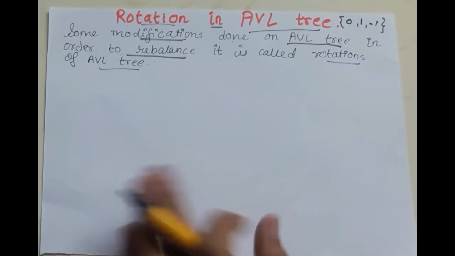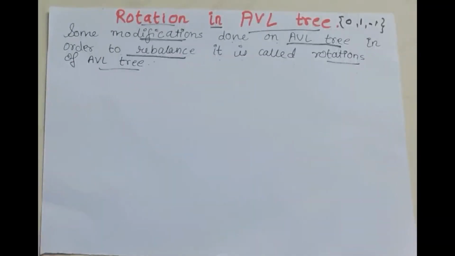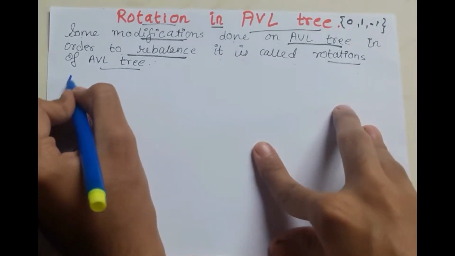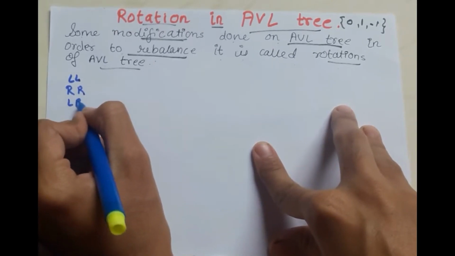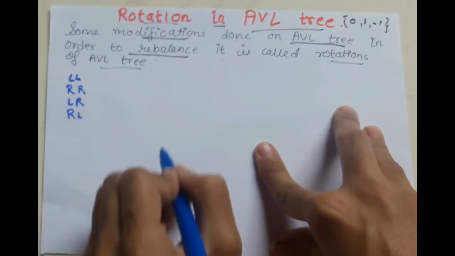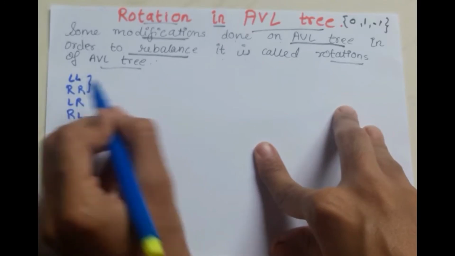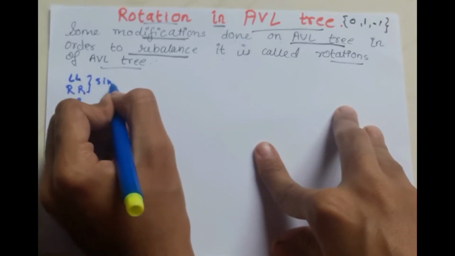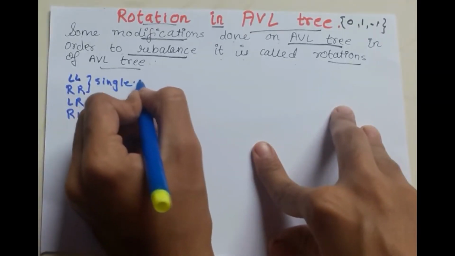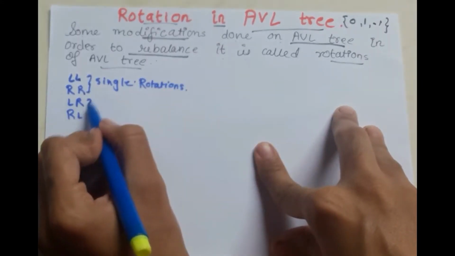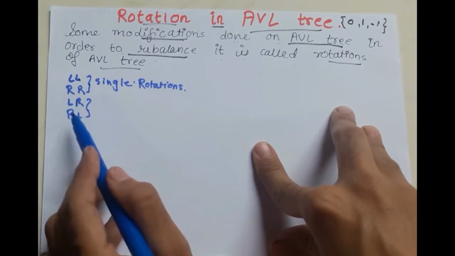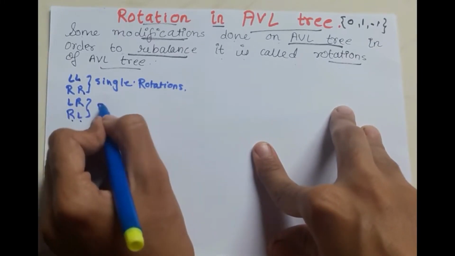Okay. So there are 4 types of rotations in AVL tree, and those are LL, RR, LR and RL. Out of these, LL and RR are single rotations. Okay. And LR and RL are double rotations.